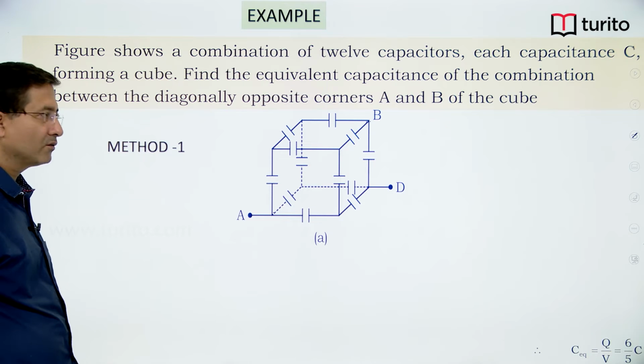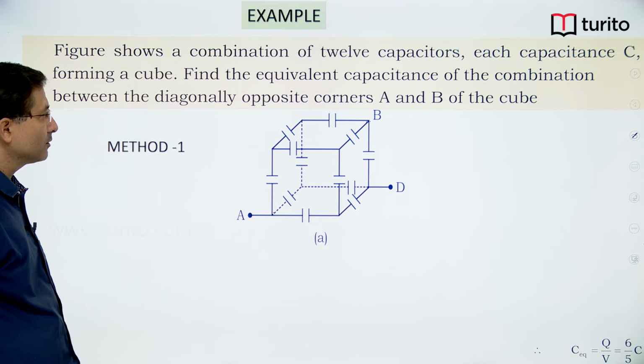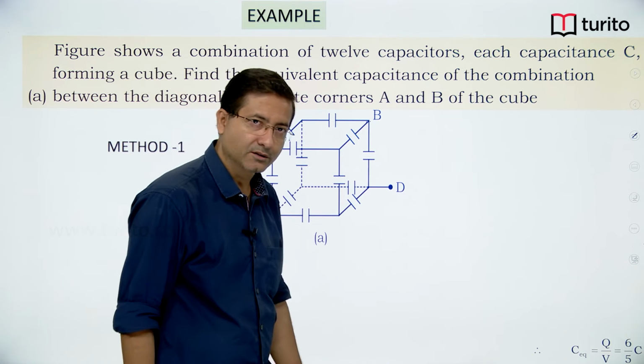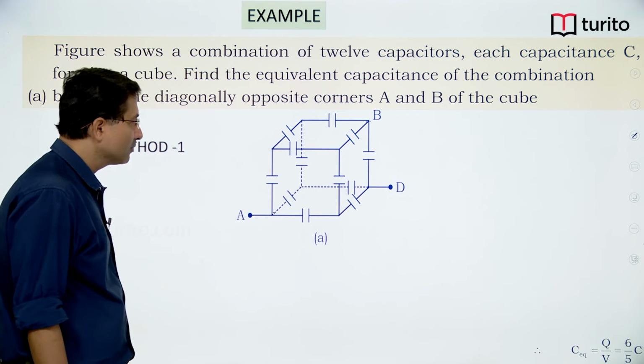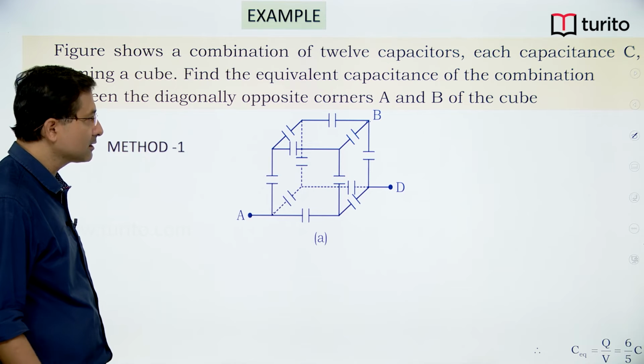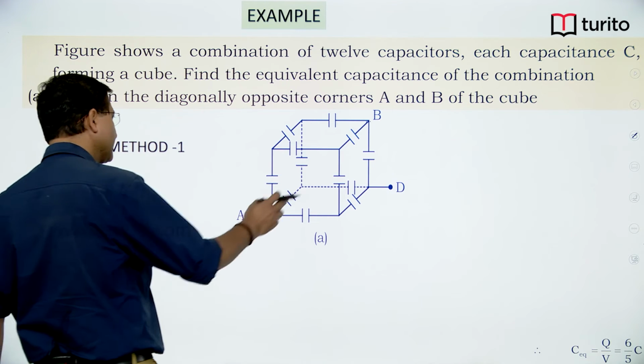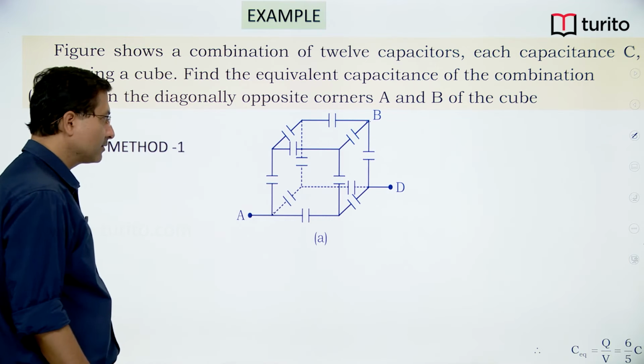There are n number of ways of solving this problem. If I go by simple charge distribution, that is nothing but input output symmetry. What I see from this side, the same I am seeing from the other side, right.